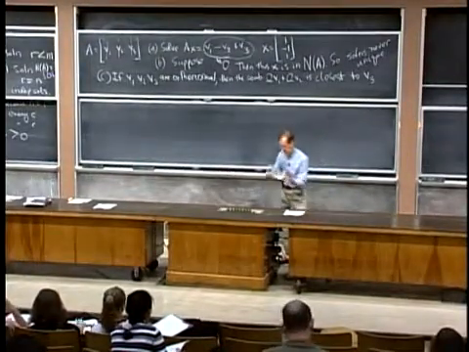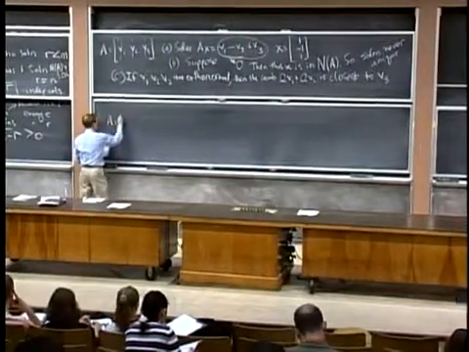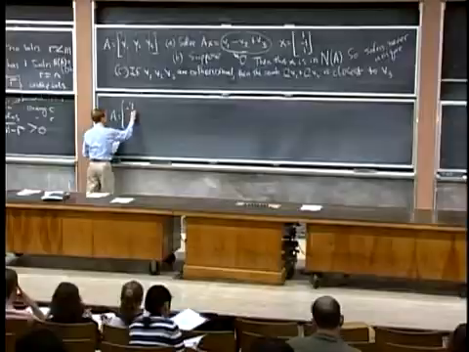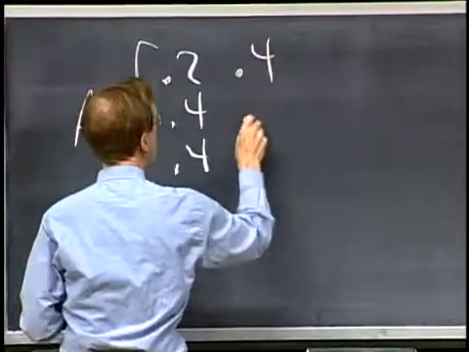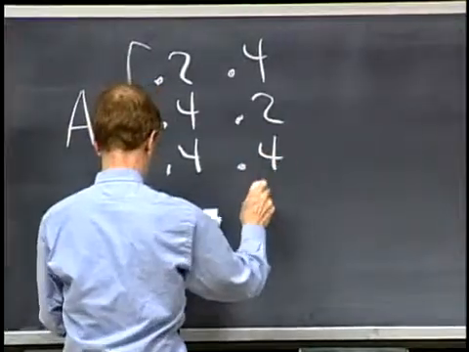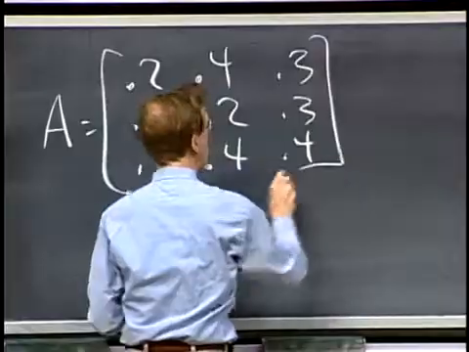And tell me its eigenvalues. So I'll call the matrix A, and it is 0.2, 0.4, 0.4, 0.4, 0.2, 0.4, 0.3, 0.3, 0.4. Okay.